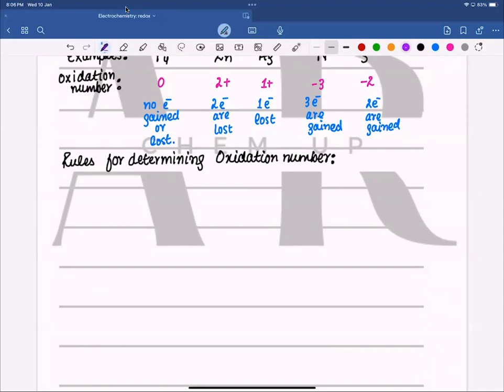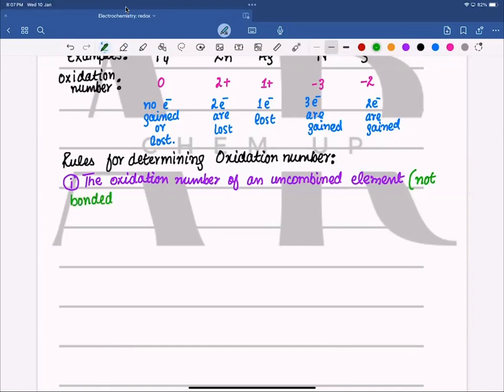So, the first rule states that the oxidation number of an uncombined element, and when we use the term uncombined element, it means that it must not be bonded to any other element.